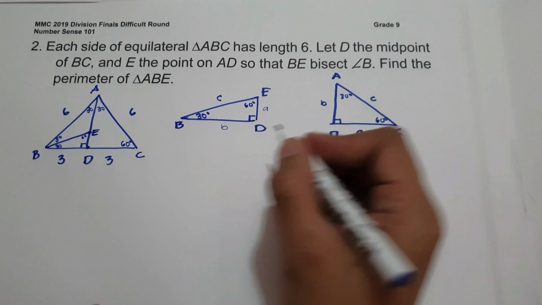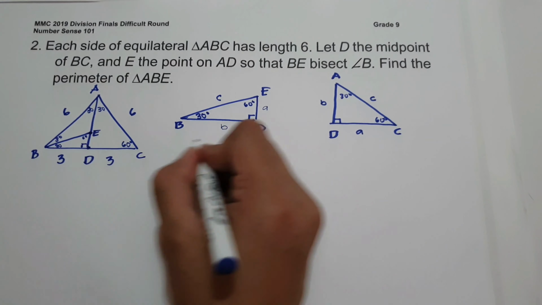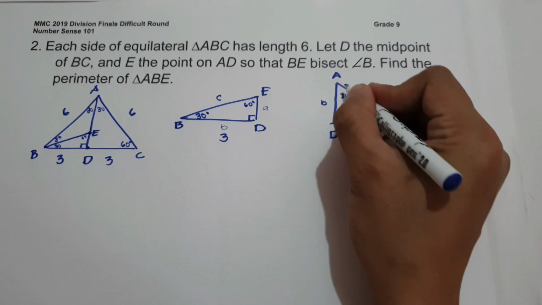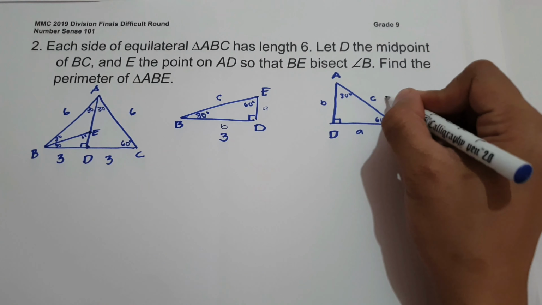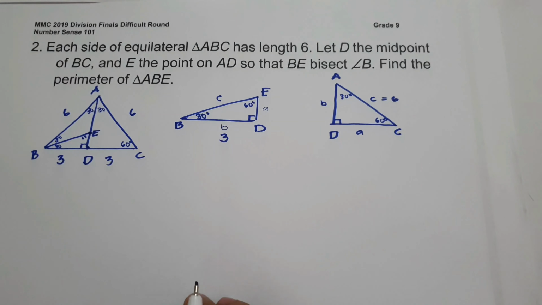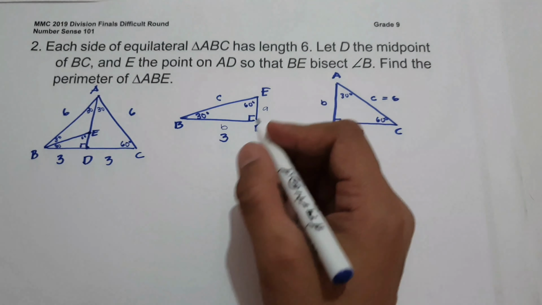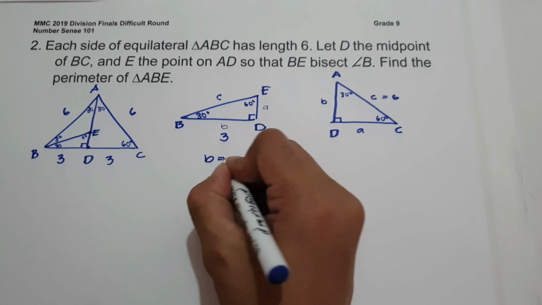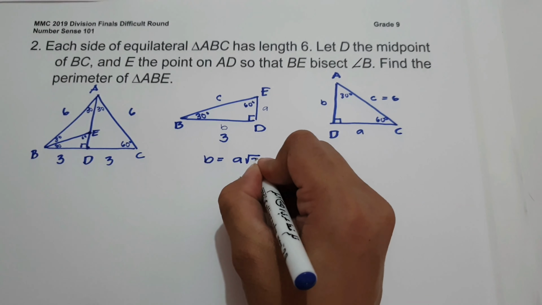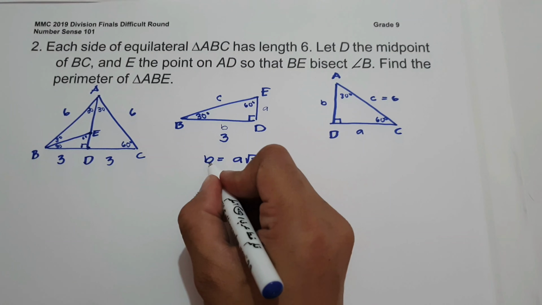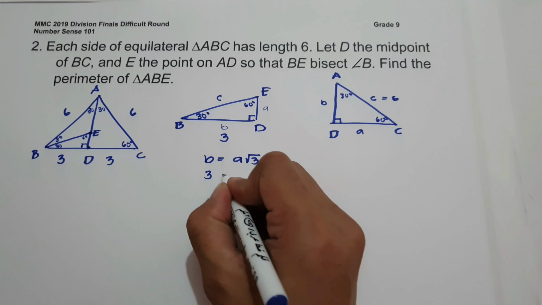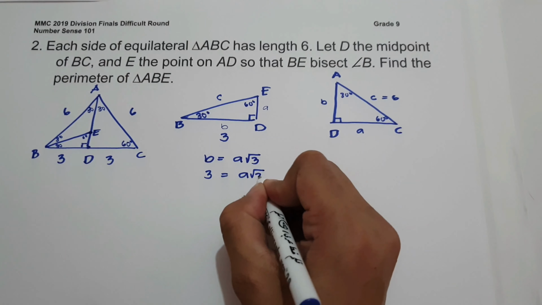So the measure of this side is 3, and the measure of AC is 6. Let us find the value of a. b equals a square root of 3. The value of side b is 3, which equals a square root of 3.